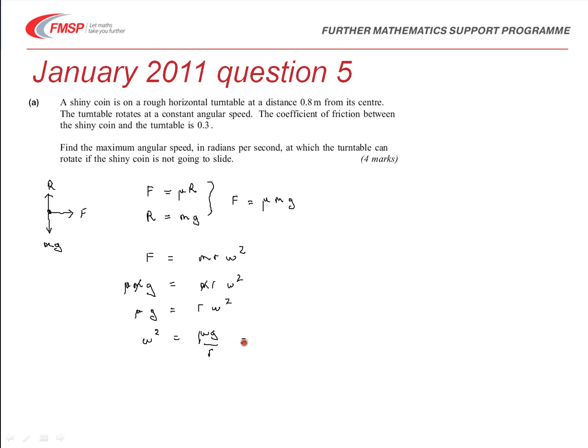We know the value of mu because that's 0.3. We know the value of g, that's 9.8, and we know the value of r, so that's the radius of the circle, which is 0.8.